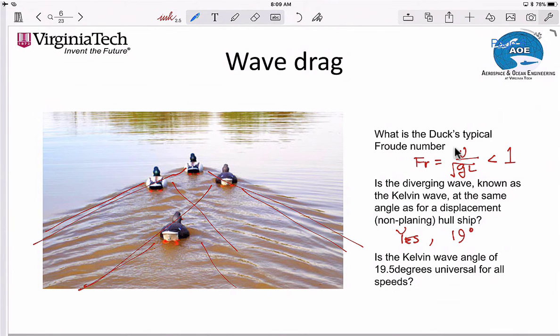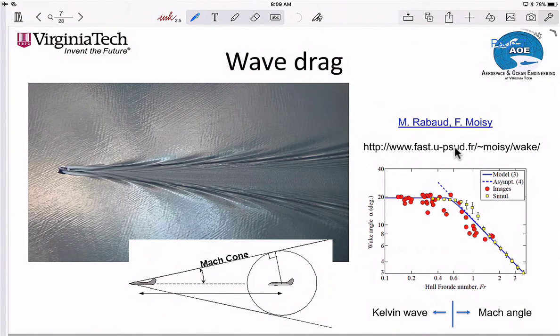And is it universal for all speeds? No, it's not universal for all speeds. For displacement hulls, yes, especially below some speed known as the hull speed, it's universal, but for higher speed ships, it most definitely is not.